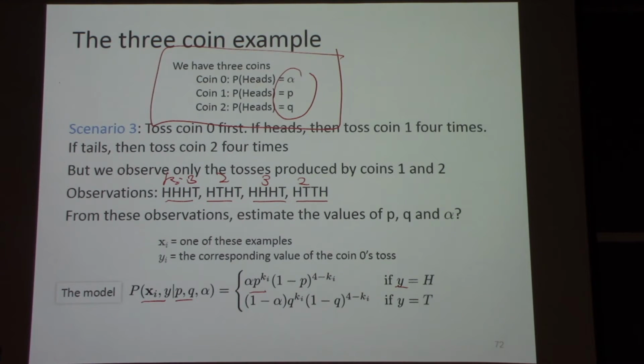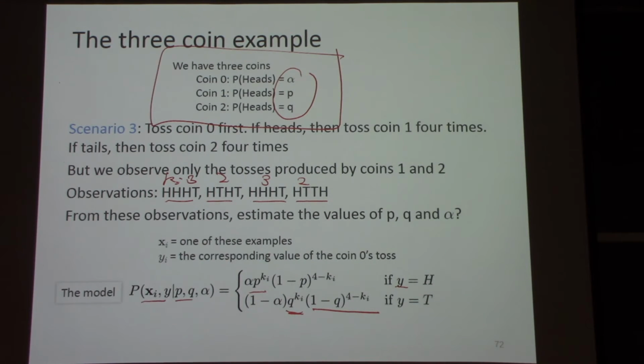Or in the second case, it is just 1 minus alpha because coin 0 was tails here, and you are tossing coin 2 4 times, so it is q power k, 1 minus q power 4 minus k. It's just a collection of Bernoulli.